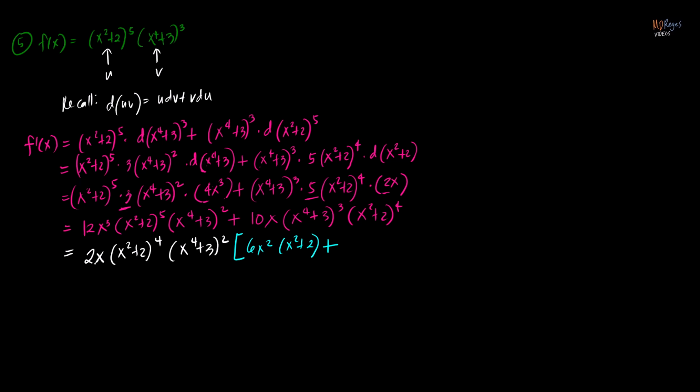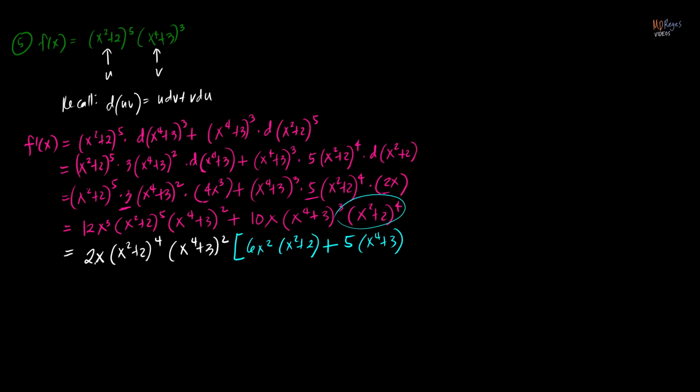Plus in the second term, for 10x, factoring 2x from 10x, we'll have 5. And then from x to the fourth plus 3 cubed, factoring x to the fourth plus 3 squared, we'll have x to the fourth plus 3 raised to 1.